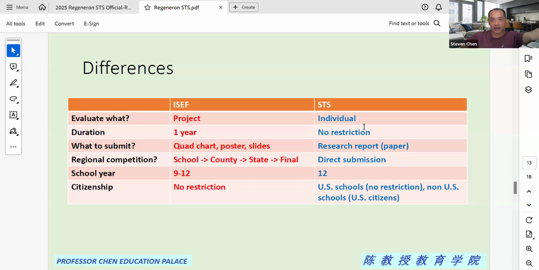So maybe for the same project, you attended the science fair in county A, you could directly get into SF. But for the same project, you use this in county B, maybe you'll be killed, right? So for Regeneron STS, there's no such issue. Okay. All right.